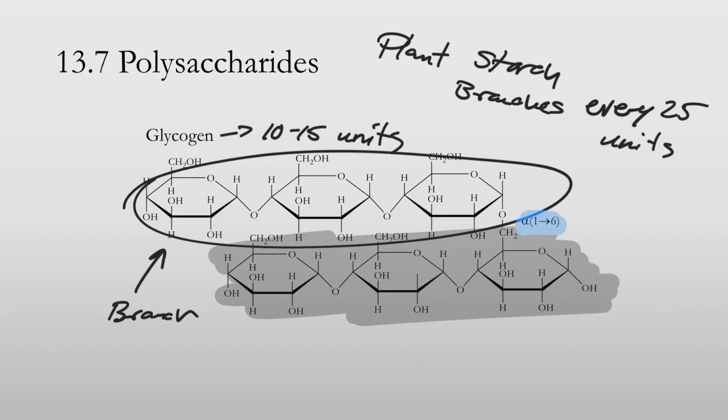Glycogen is stored in your liver, and basically as you eat food that has sugar in it, some of the glucose gets converted into this glycogen because your body knows that you're going to need to store energy, and you need to store it more short term sometimes. The lipids are going to be long-term storage of energy. Glycogen is short-term. So basically you eat sugar and you don't immediately use all the energy you get from it.